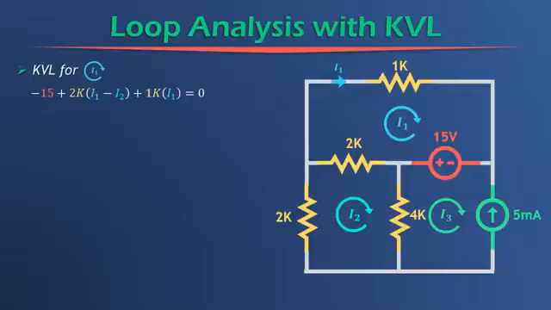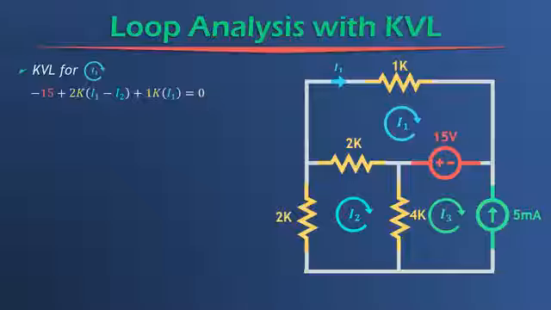It is the only associated current with this 1K resistor. So the voltage is simply 1K times I1. And then we keep going, and we get back to our original starting point. So we know we've finished. And so we finish off our equation by setting it equal to 0.